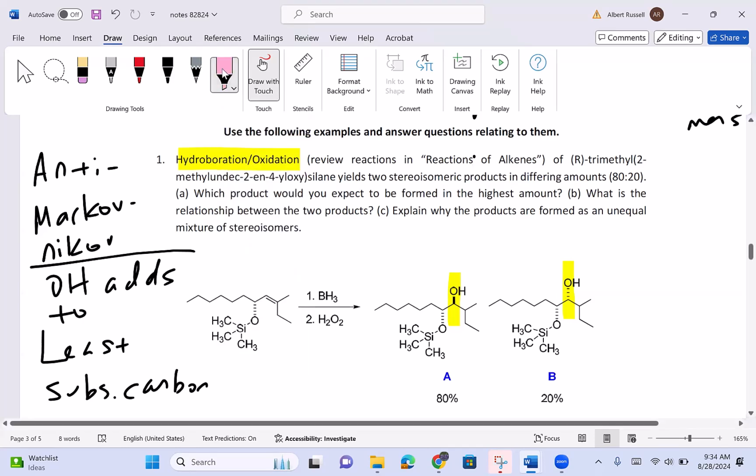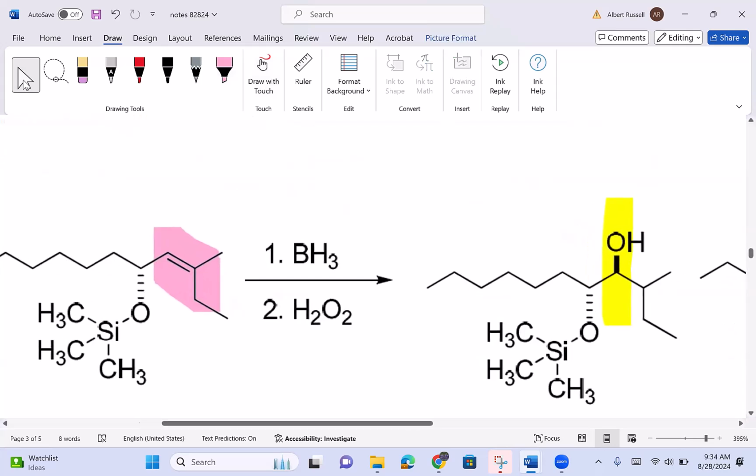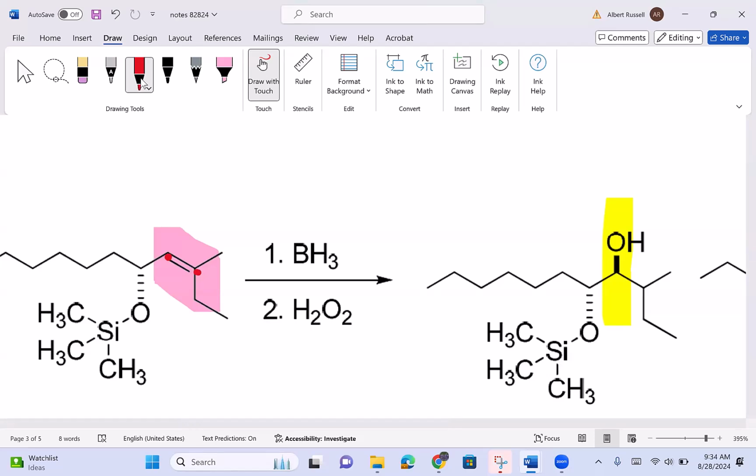This is my alkene that I'm adding to right here. Which carbon has the most carbons attached to it in the double bond? Let me zoom in. You can see the double bond, right? You've got a carbon here and a carbon here. Which carbon is more substituted in that double bond based on what you see? You only have two choices. It's either the one on the left or the one on the right.